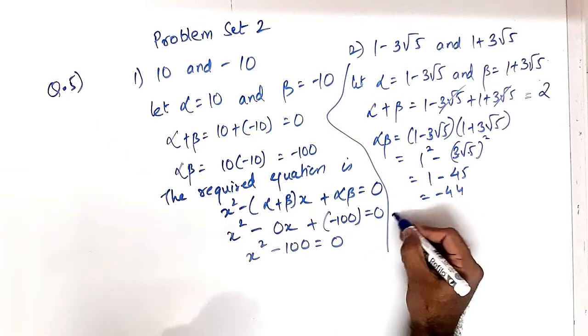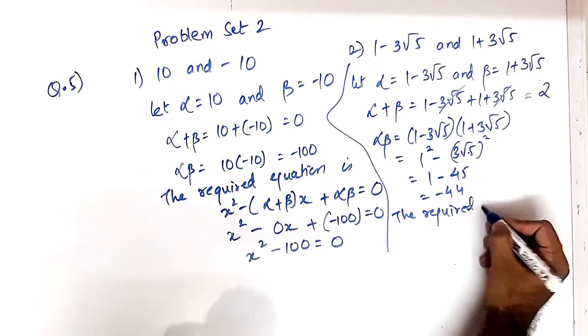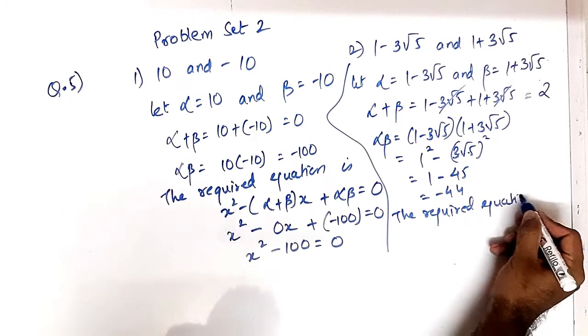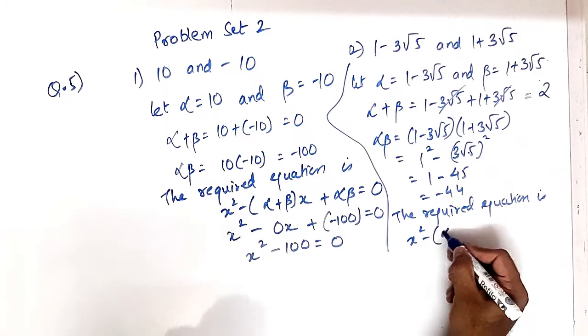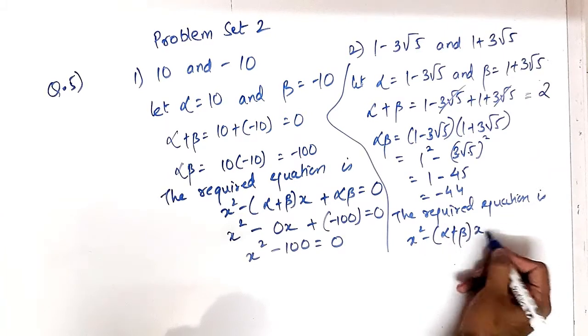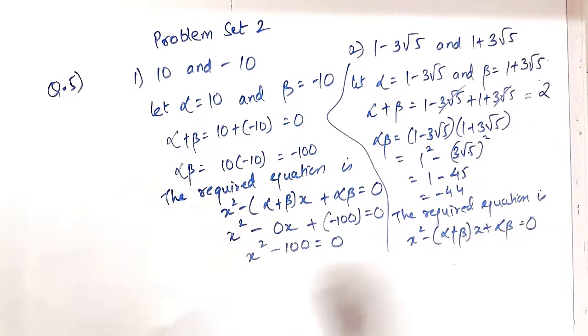So you will write the required equation: x square minus alpha plus beta, in brackets, x plus alpha into beta equals 0.